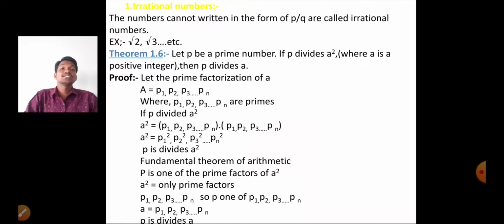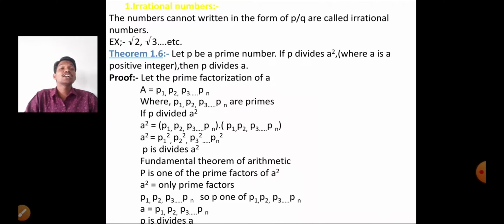Proof. Let the prime factorization of a equal p1 p2 p3 up to pn, where p1, p2, p3 are prime numbers. If p divides a square, a square equals p1 p2 p3 pn into p1 p2 p3 pn. So a square equals p1 square, p2 square, p3 square, up to pn square.